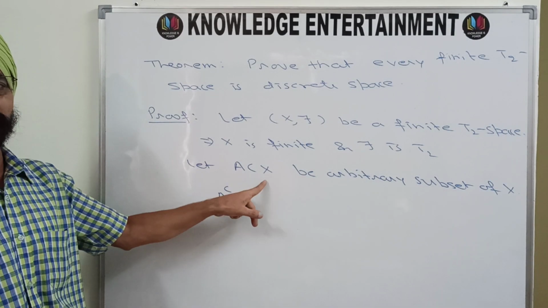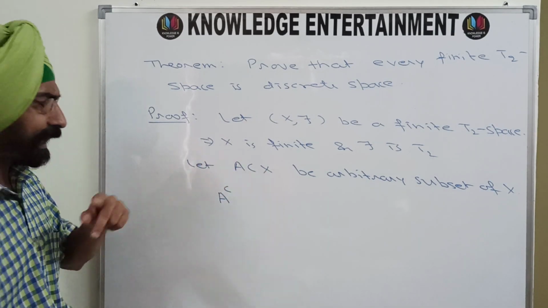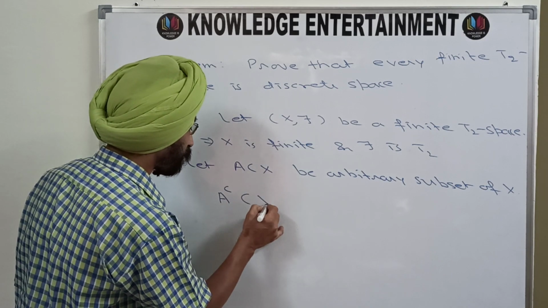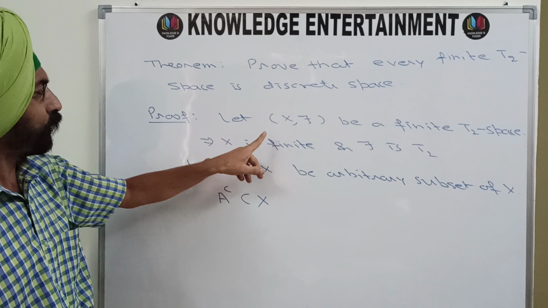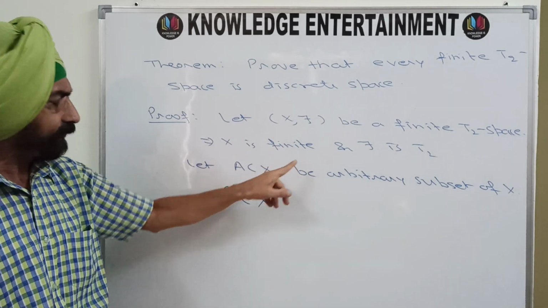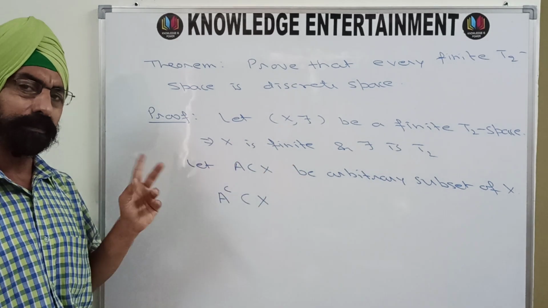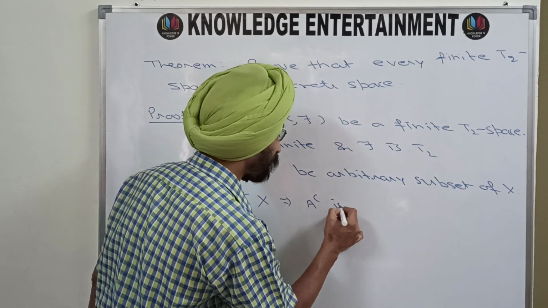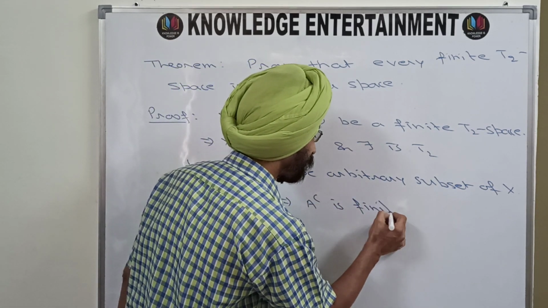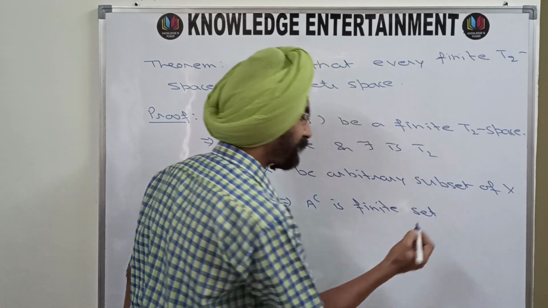X is the whole space. Clearly A complement is also a subset of X. But X is given to be finite. If a set is finite, its subset must also be finite. So this means A complement is a finite set.